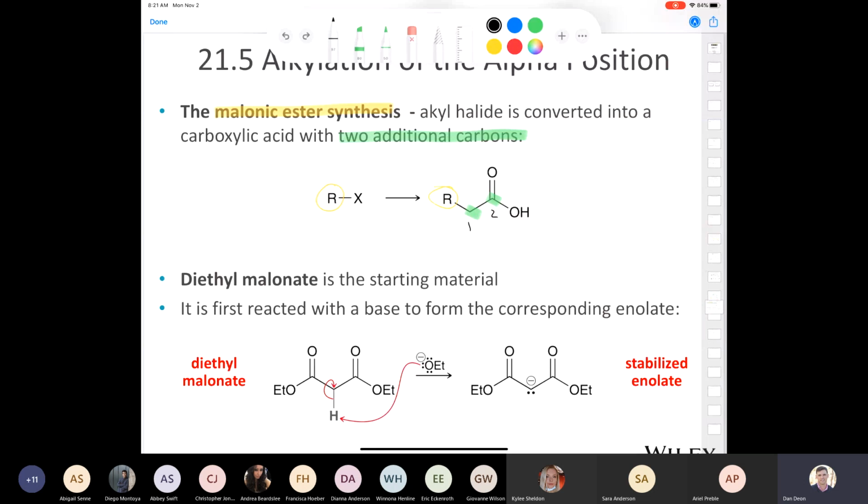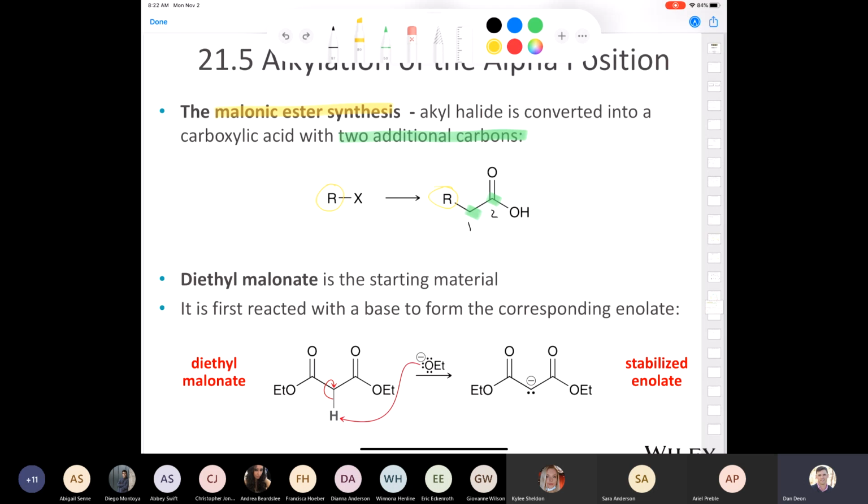Now remember, this is from the first lecture in this chapter, that when we end up with a doubly stabilized enolate and deprotonate with sodium ethoxide, it's going to be a complete deprotonation, because the pKa of that proton being removed is around 9. Again, that's something we looked at during the first lecture.